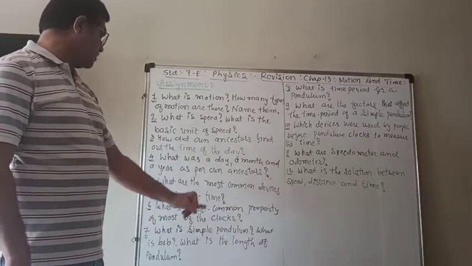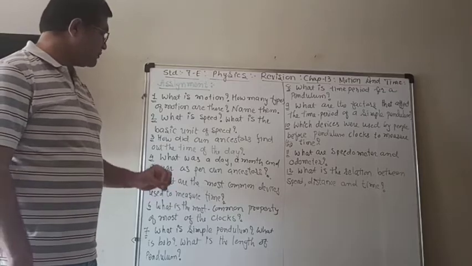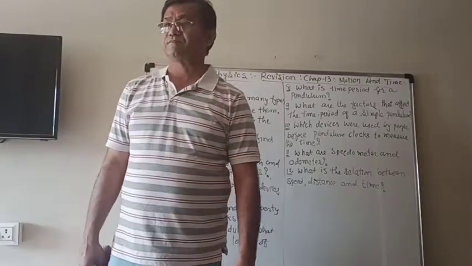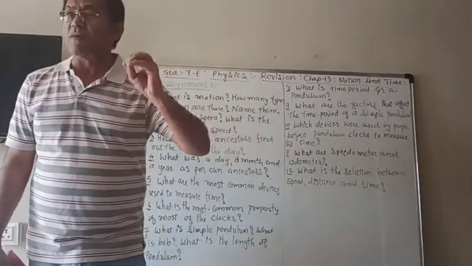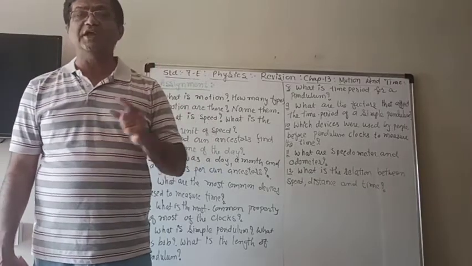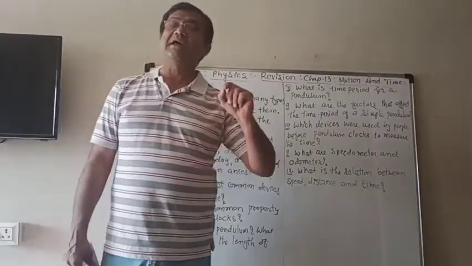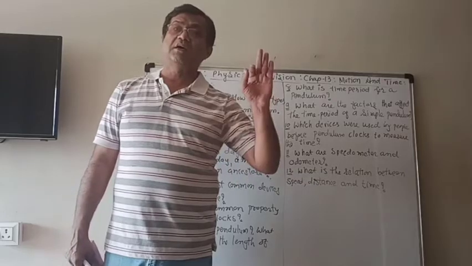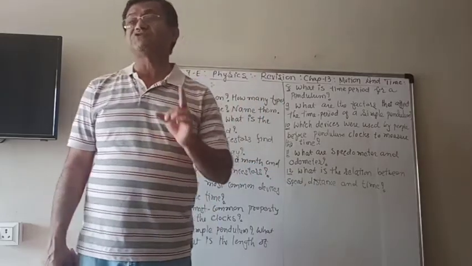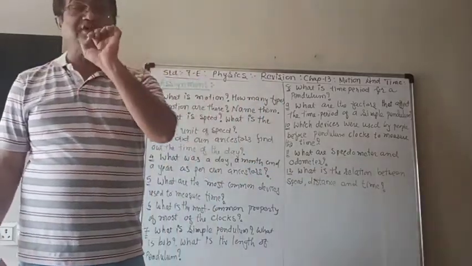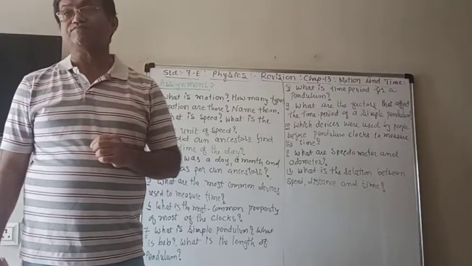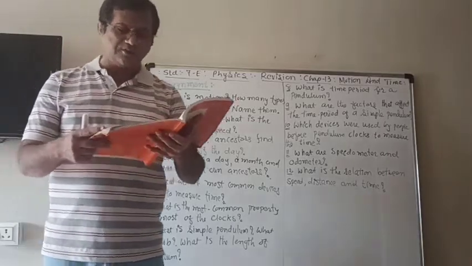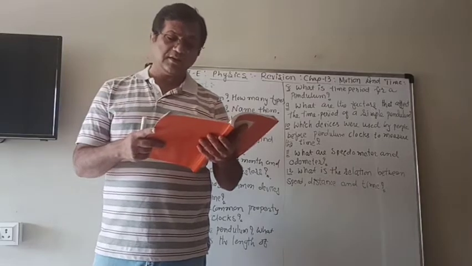What is the most common property of most clocks? The common property is that all of them use oscillatory motion, which is actually periodic motion.